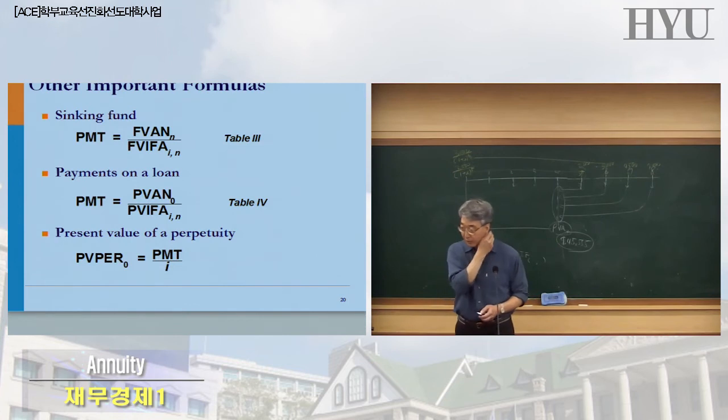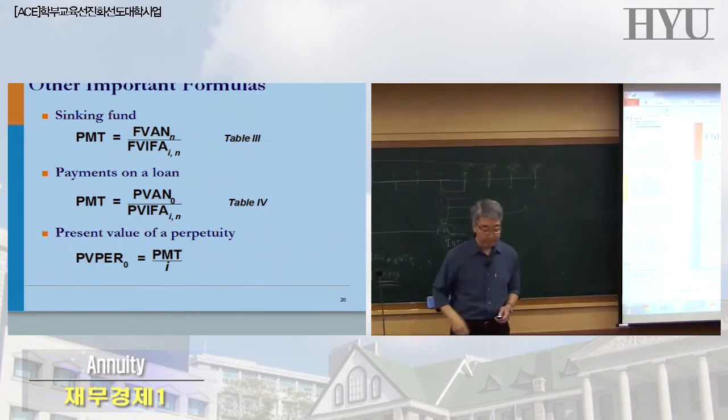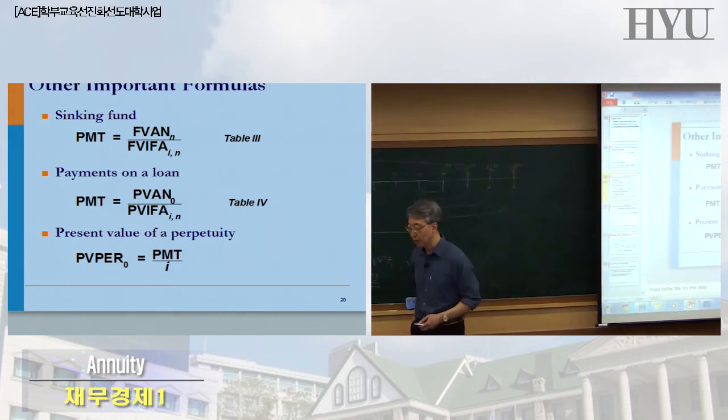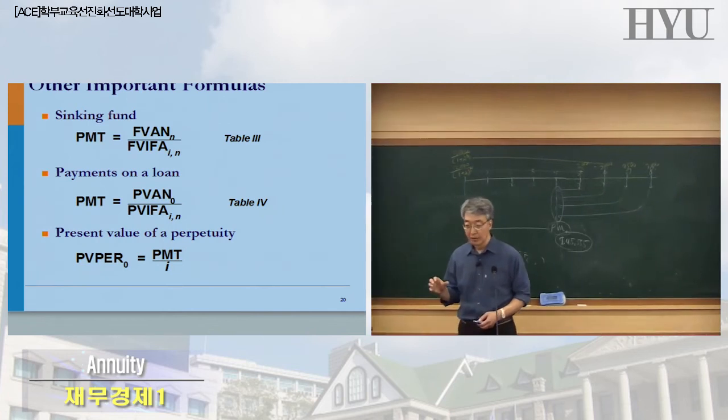The idea of a sinking fund is, the company promises to pay back the principal in 20 years. But how do you know whether the company is going to have enough money 20 years later to pay back the principal? So in order to ensure that the company is going to have enough money at maturity, sometimes the investors require companies to set aside a certain amount every year.